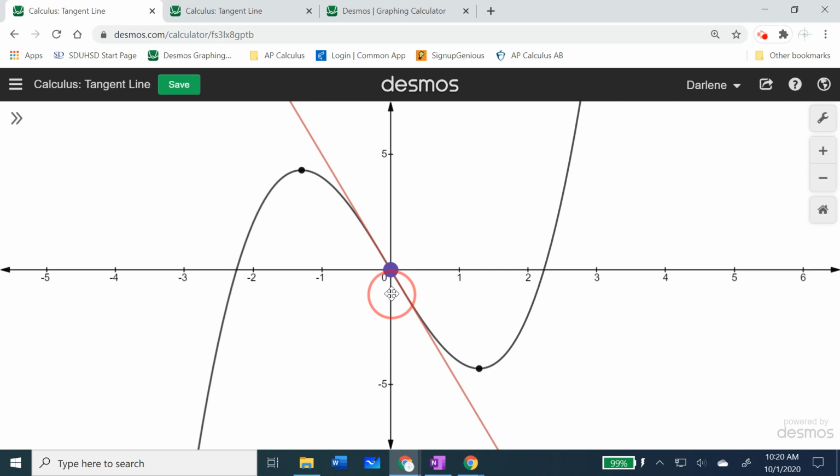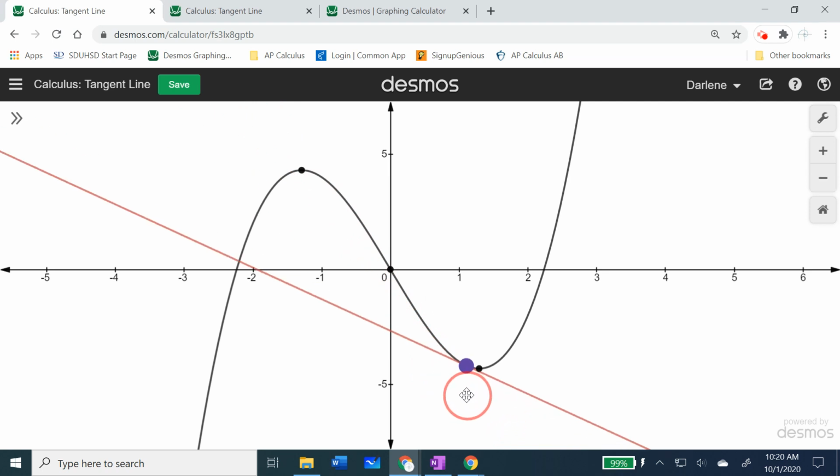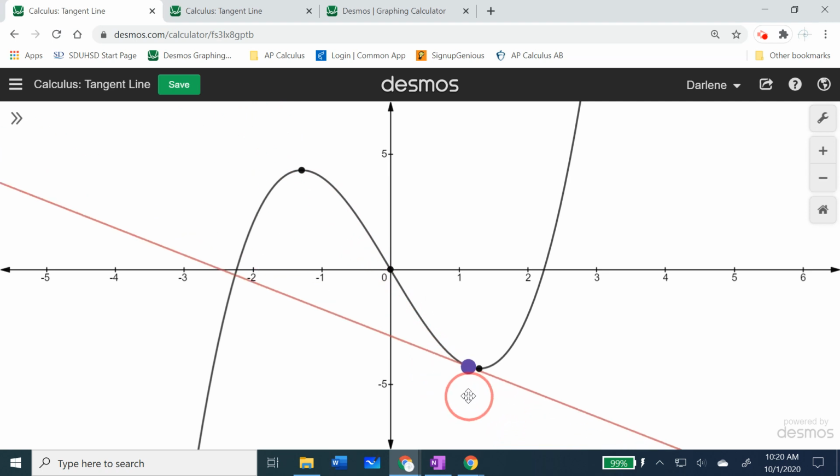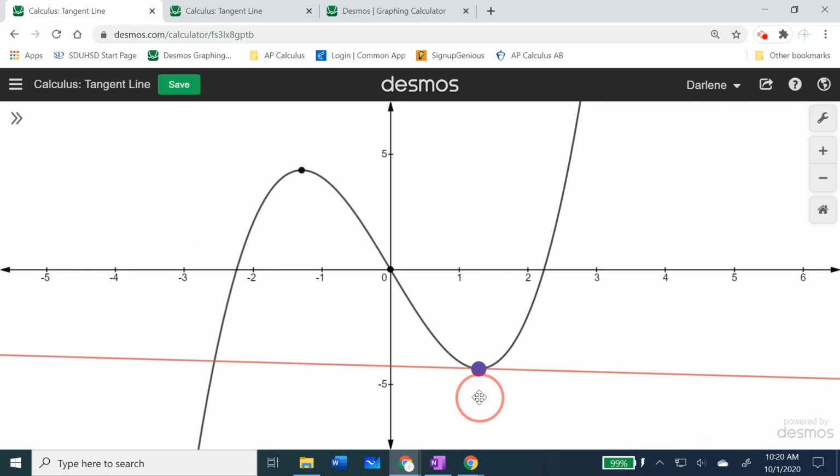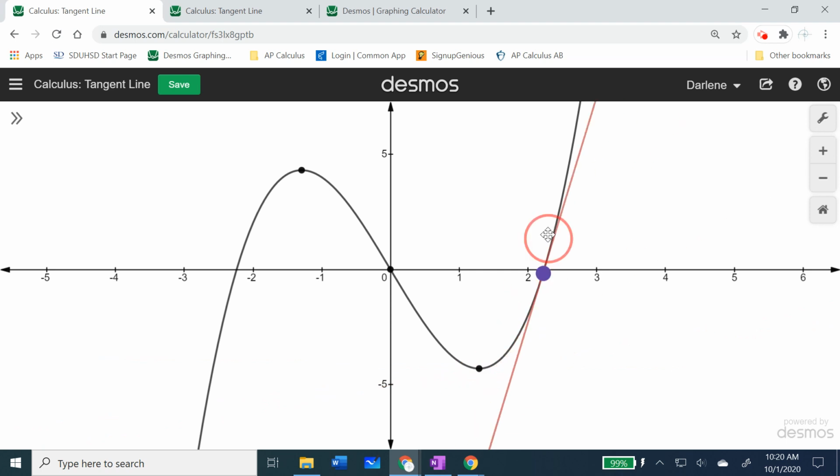Ooh, that rhymed. So from this point to that relative minimum, do you see that you are getting less steep? So that means from time 0 to this relative minimum time, my speed is decreasing. And then lastly, whee! You can see it's steepening, so that would be an example of speed increasing.